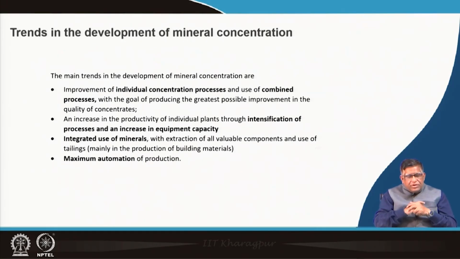Then there is the integrated use of minerals. Sometimes, even the tailings that are going out, you do not bother about them, because from there also you are using something. That trend is waste to wealth, using whatever has been left as waste mineral. Say, for example, after iron ore beneficiation in any iron ore mine, they will be taking only up to say 62 or 65% hematite.